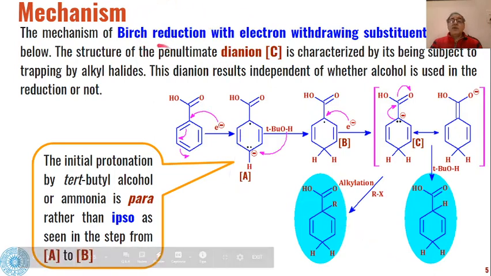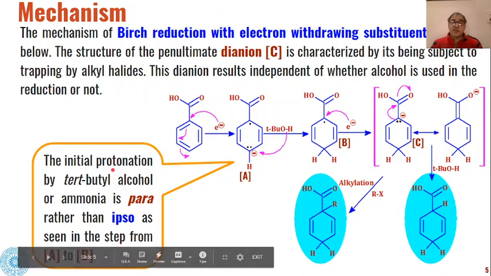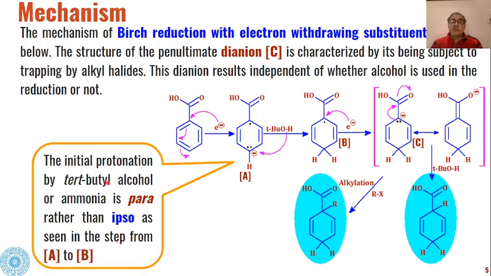Similarly, when electron withdrawing groups are attached to the aromatic ring, then the mechanism followed is such that the anion is formed at the para position. So initial protonation of the tertiary butanol with this anion will take place at the para position rather than at the ipso position. Ipso position is the carbon to which the electron withdrawing group is attached.